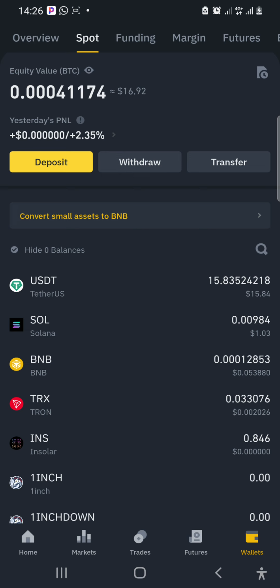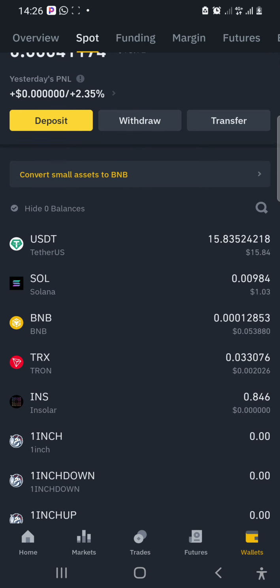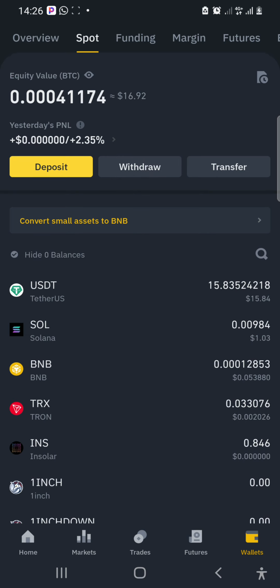So now you can see that on our Binance we have USDT in our spot account. Take for instance, we all have bank accounts, right?